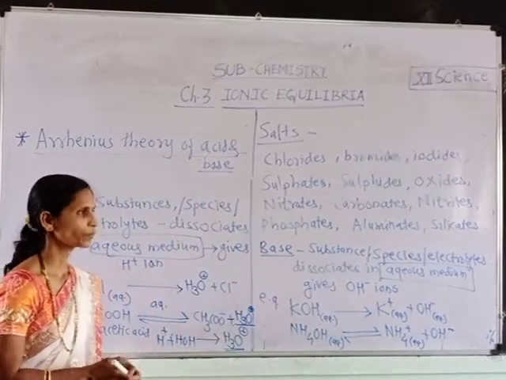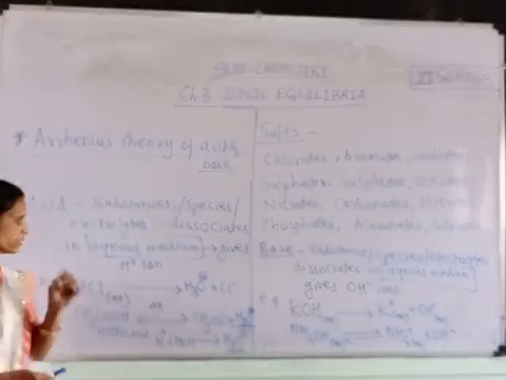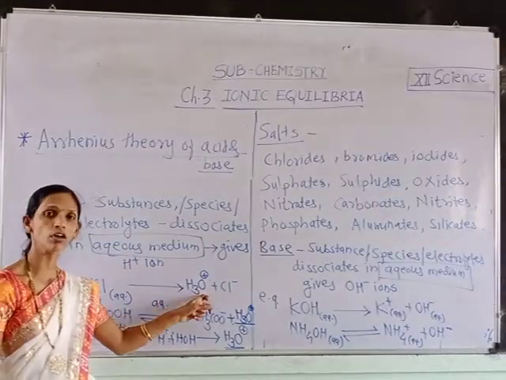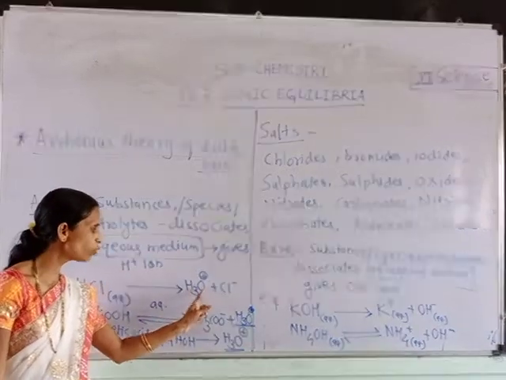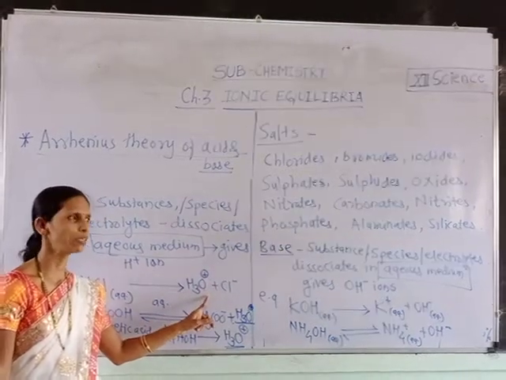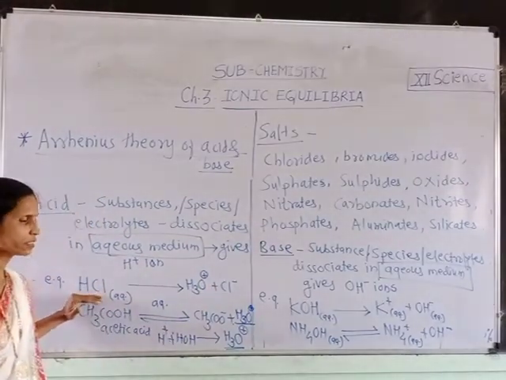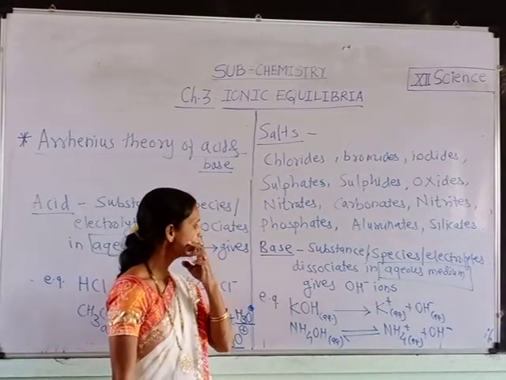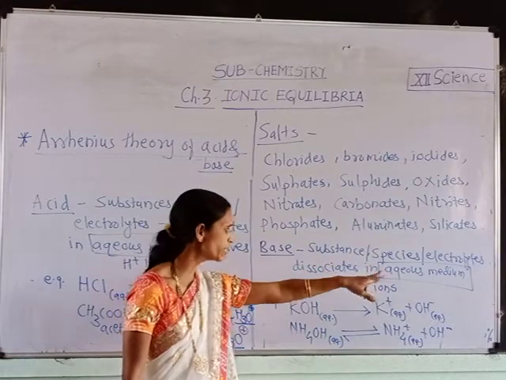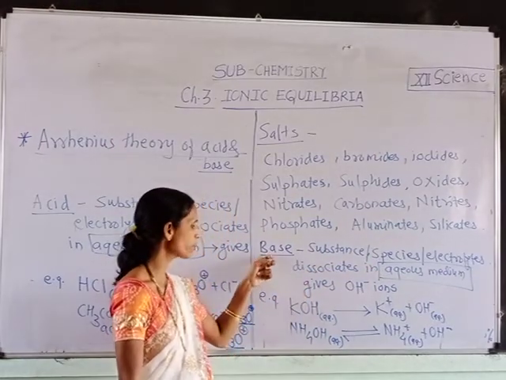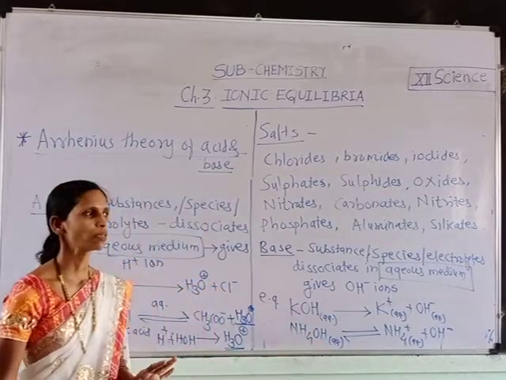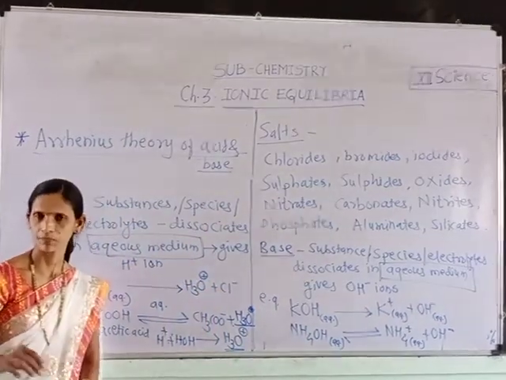That means, according to Arrhenius, the substance or species or electrolyte which gives H plus ion or hydronium ion, H3O plus, is an acid, and the substance, species or electrolyte which dissociates in aqueous medium and gives OH minus ions is a base. For example, KOH and NH4OH like substances are bases.